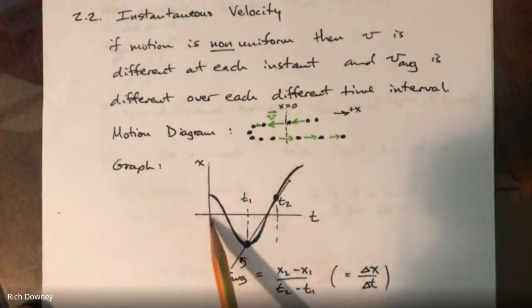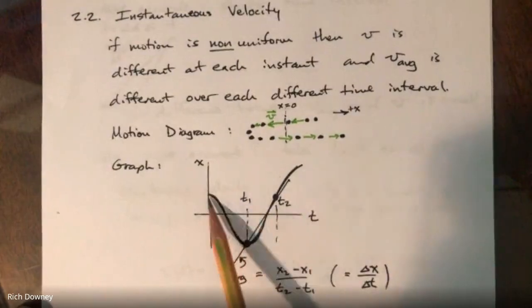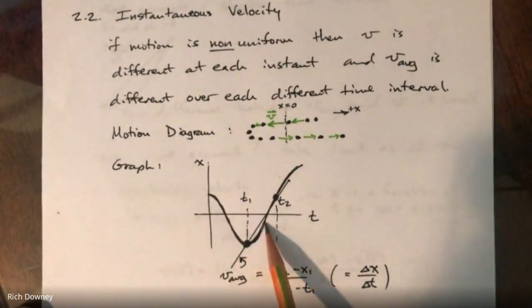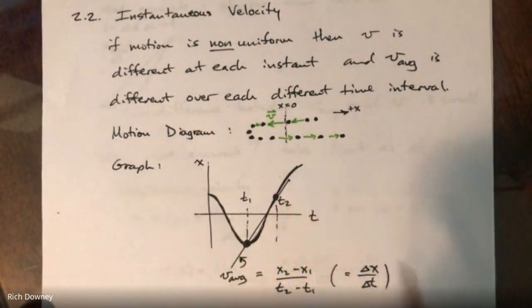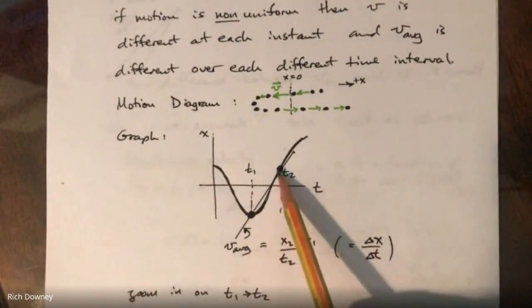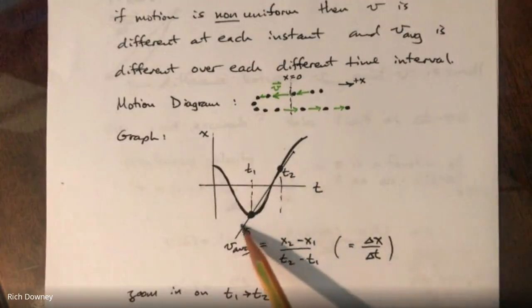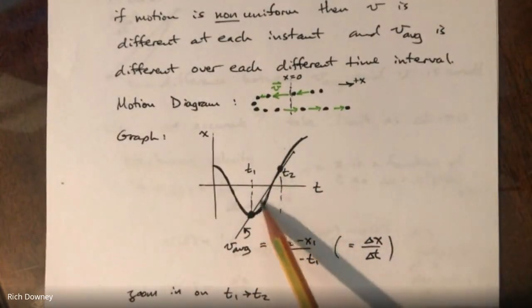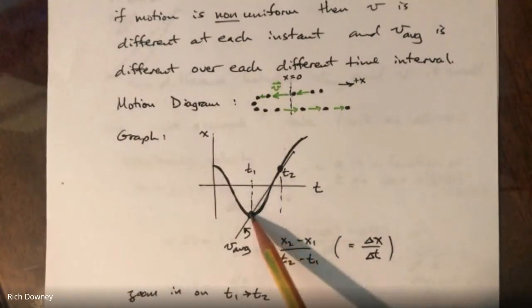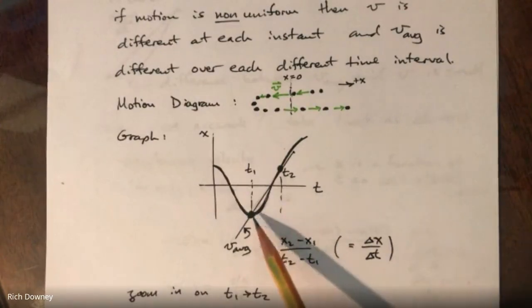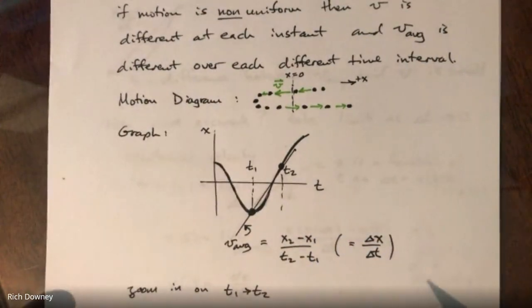And here is the x versus t graph of that same motion. It starts positive, goes negative, stops momentarily, and then starts going back in the positive direction. So if we were to pick 2 points here, t1 and t2, and consider the average velocity between those 2 points, we can see that the velocity, the slope of this line, does not exactly match the slope of the x versus t curve here, at any particular instant.